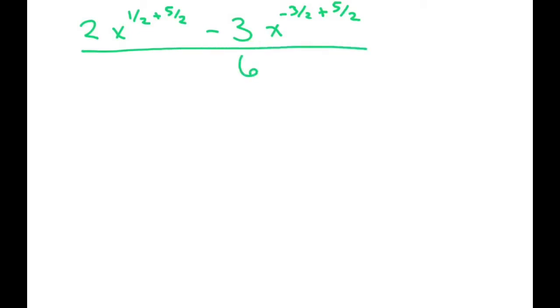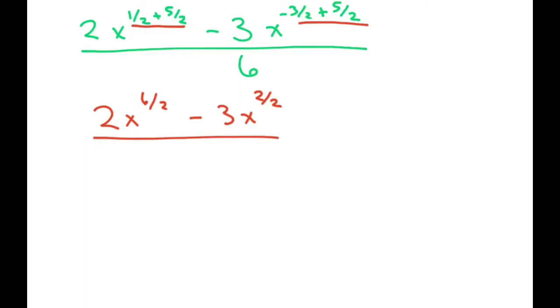So now all we have to do is add our exponents. So we have 2x to the 6/2 minus 3x to the 2 over 2, all over 6.